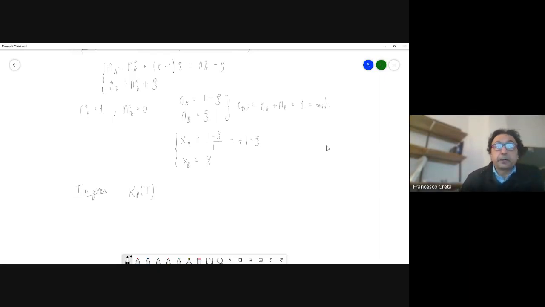Now, what's the relationship between this reaction constant and the equilibrium composition?